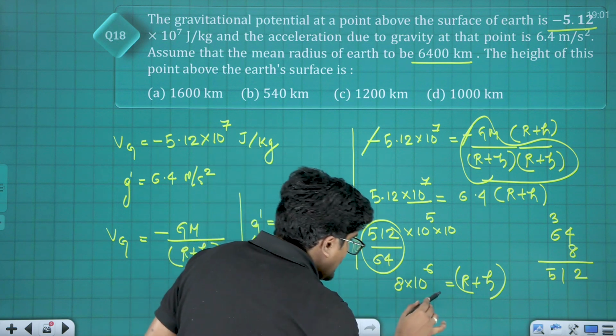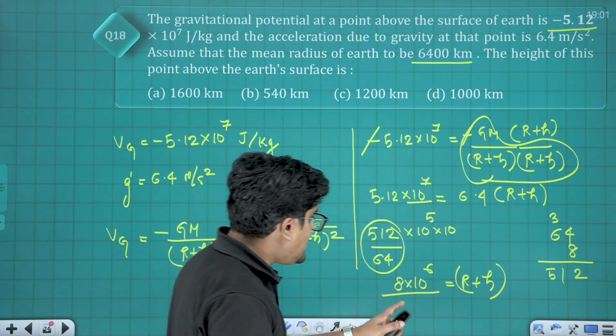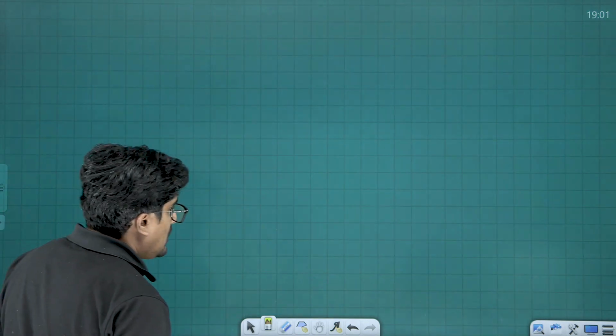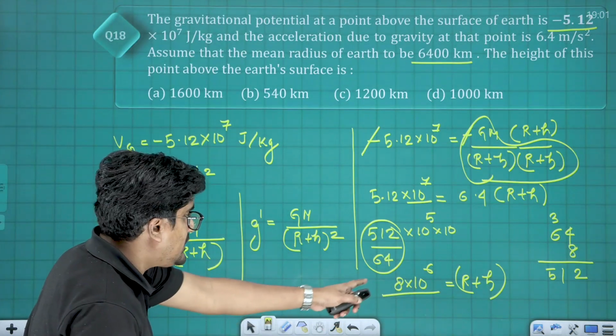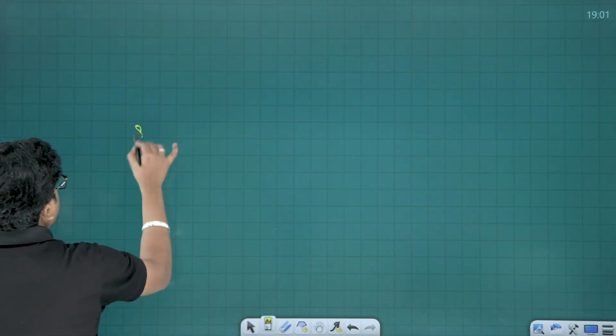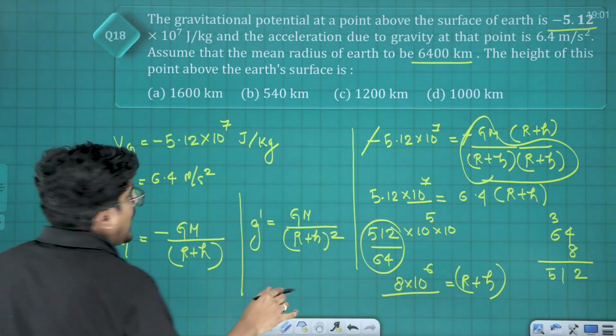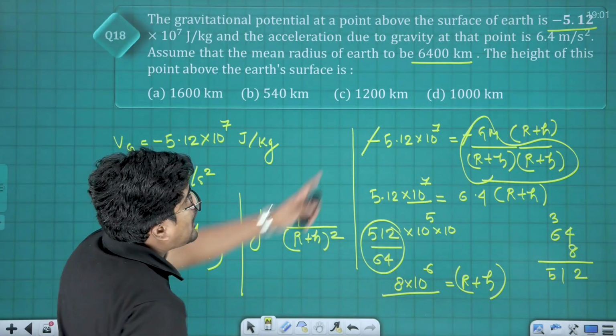Let me go to the next page. So here we have 8 into 10 to power 6 equal to R plus H. And what is the value of R?